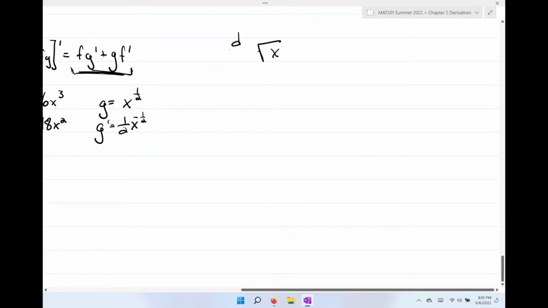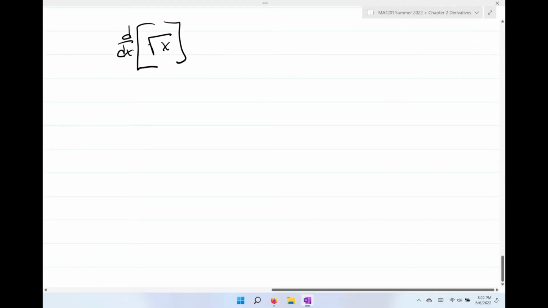If you wanted to differentiate the square root of x, notice all of our rules that we have, none of them has dealt with a square root. It's been a constant, it's been a power, it's been a constant multiple, and it's been functions. But it's never been the square root.